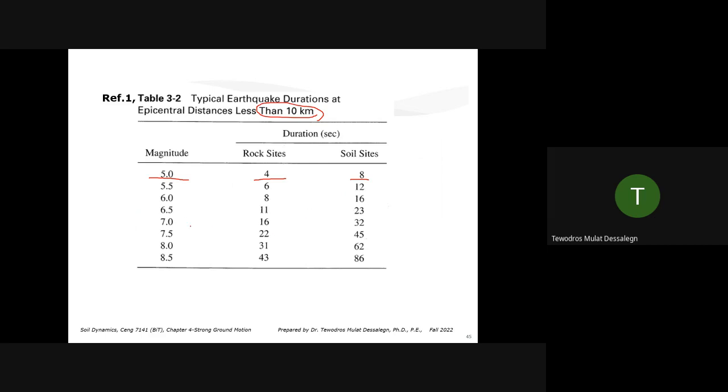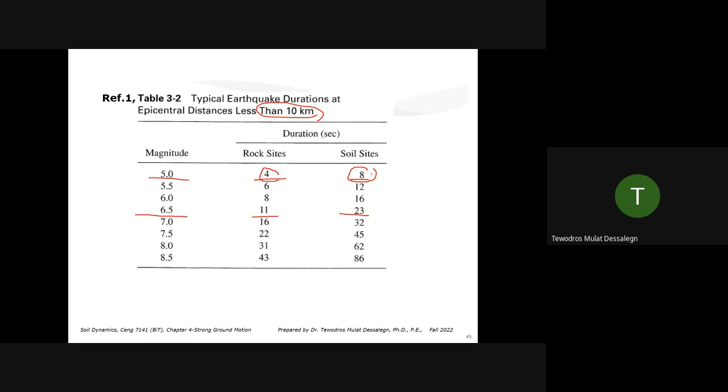A magnitude of 6.5, you can have a rock site 11 seconds and a soil site 20 seconds. Now, the big observation is this: a rock site of 4-second duration for the same earthquake than a soil site of 8 seconds. So it's having longer duration in soil sites.